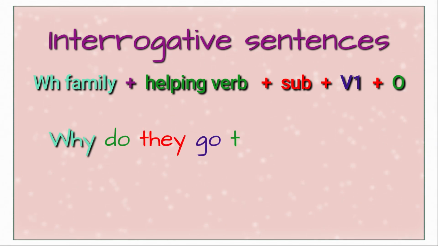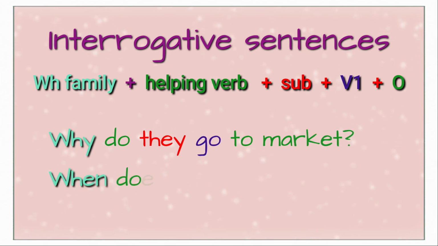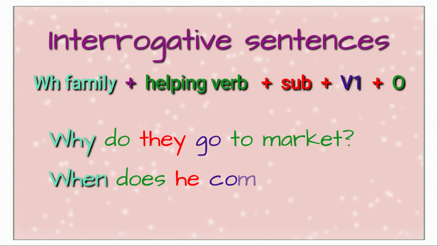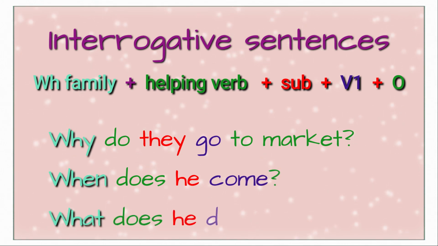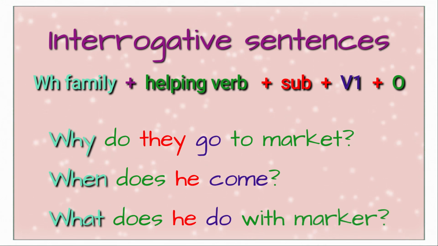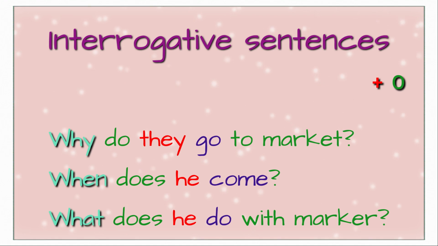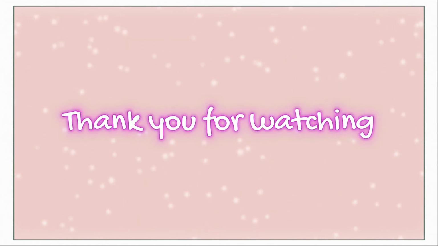Why do they go to market? When does he come? What does he do with marker? This is all about simple present tense. Let's try to make some more sentences of simple present tense.